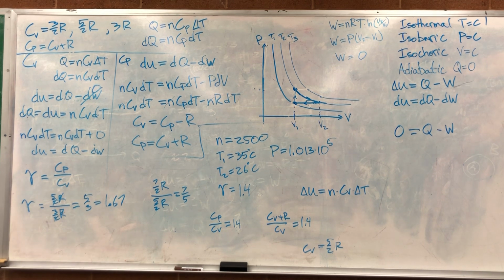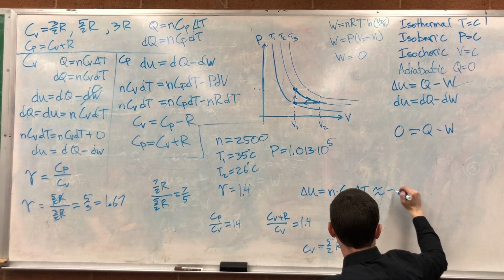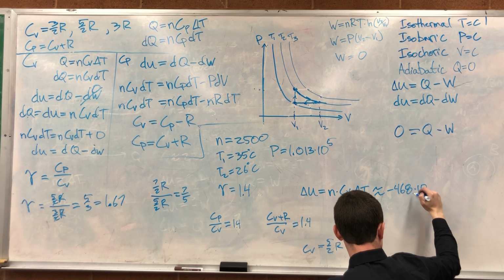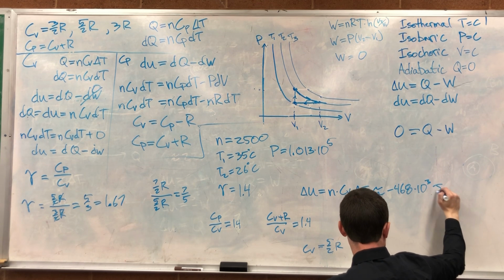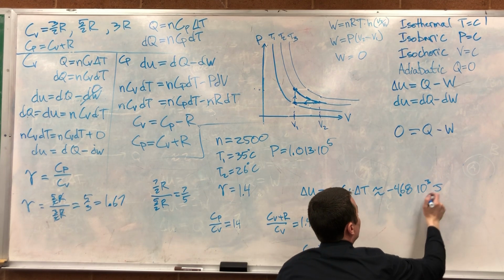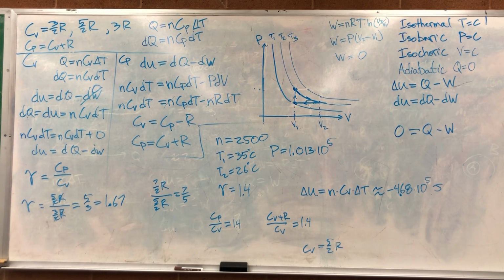And so negative 4.68 times 10 to the 5 joules.